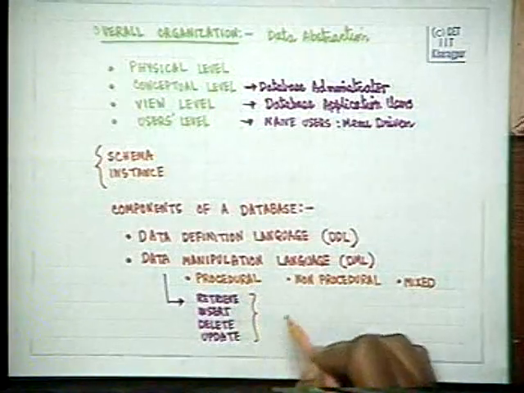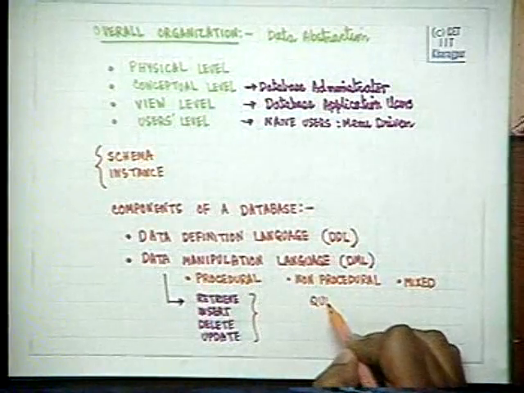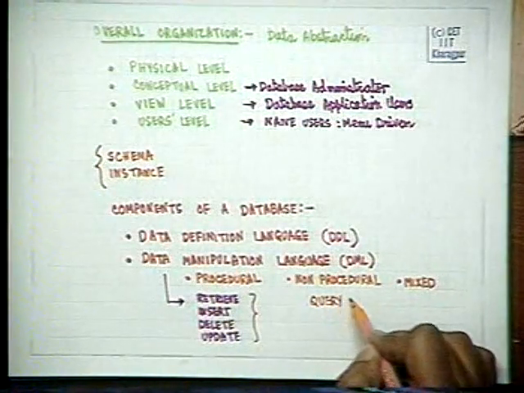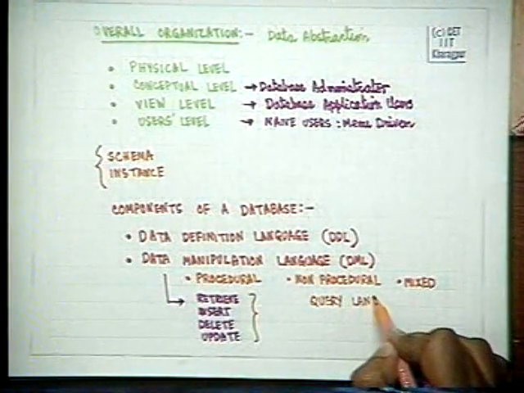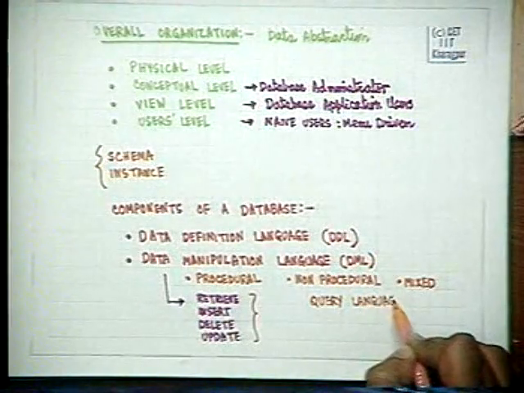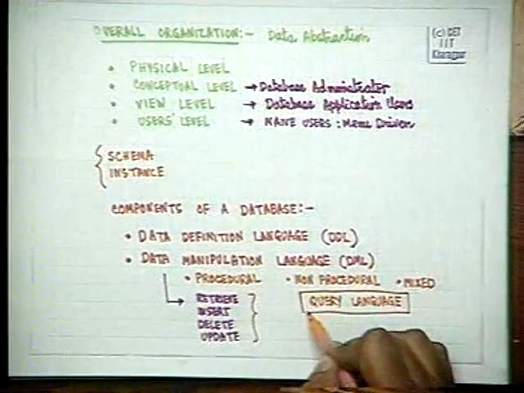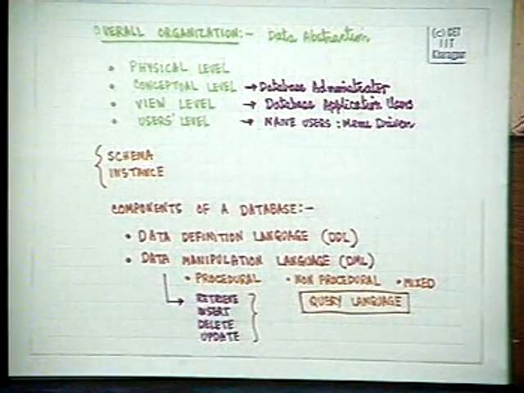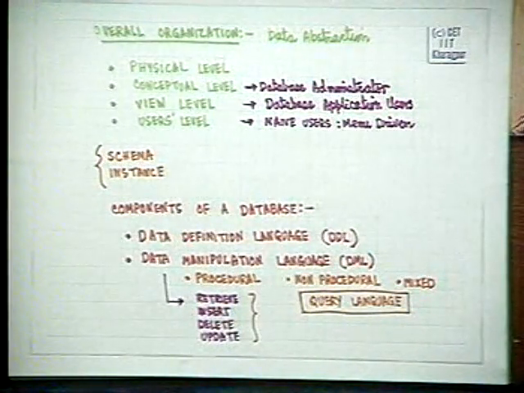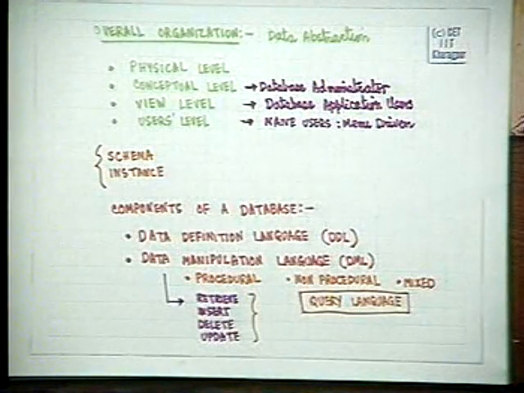Now sometimes a portion of this data manipulation language is also called a query language. A query language is a portion of the data manipulation language which really accesses and retrieves various kinds of information.